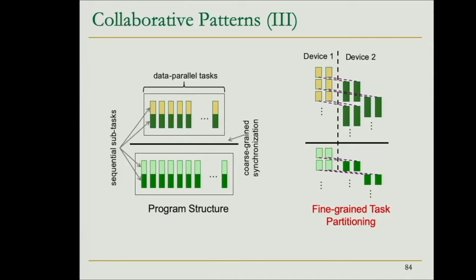For example, using a flag, right? I assign this to thread 0 in the CPU, for example. And when thread 0 is done with this, it sets a flag in the unified memory. And on the GPU side, I have, for example, a GPU thread block checking that flag using atomic operations.